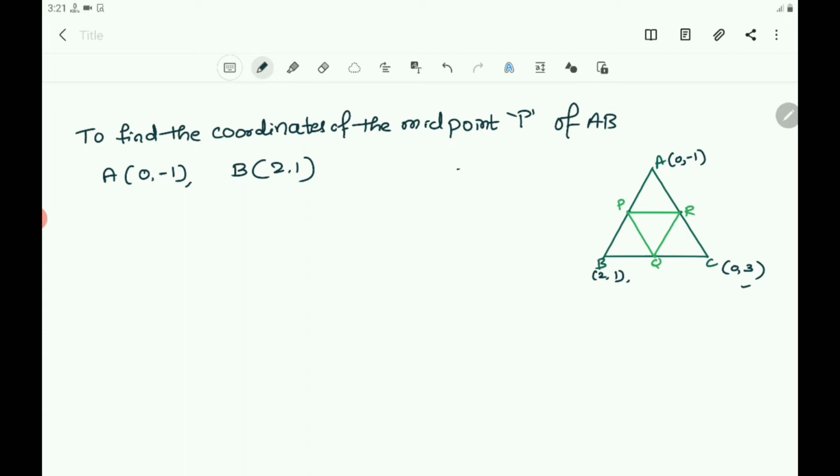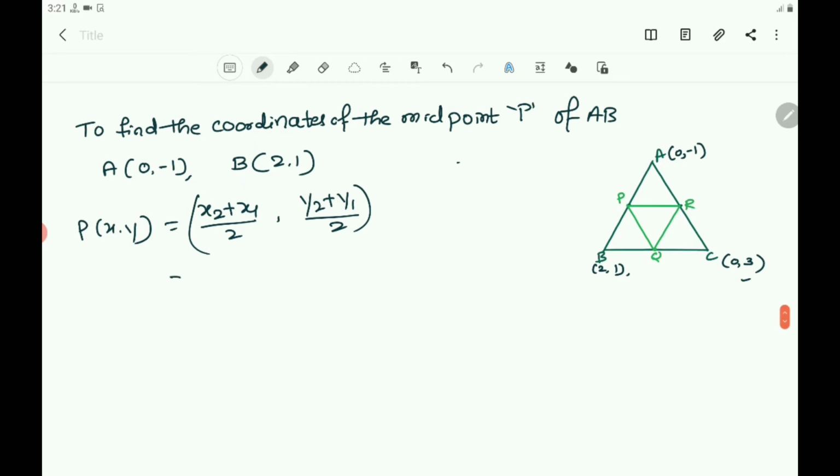Now the midpoint formula is P of xy equals x2 plus x1 by 2, comma y2 plus y1 by 2. Here these are x1, y1, x2, y2.